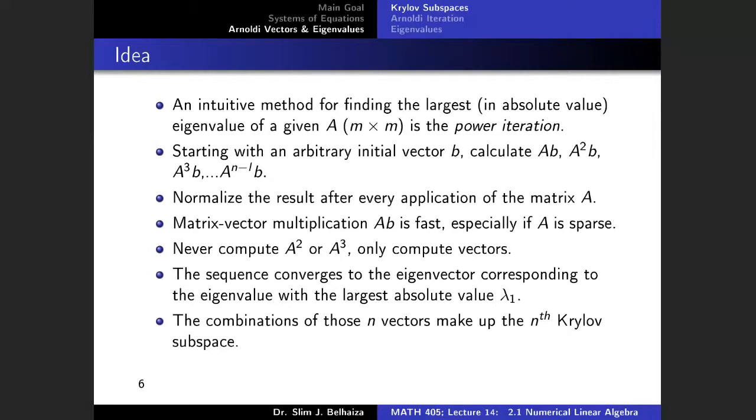And this is typically the case when we have a sparse matrix A. Don't forget, the intention is not to compute A squared or A cubed or A to the n first, but just to multiply what you obtained in the last iteration by A. And we say that this sequence is converging towards the eigenvector corresponding to the largest eigenvalue of A. And the combinations of the n vectors do represent the nth Krylov subspace. They make an n-dimensional Krylov subspace.